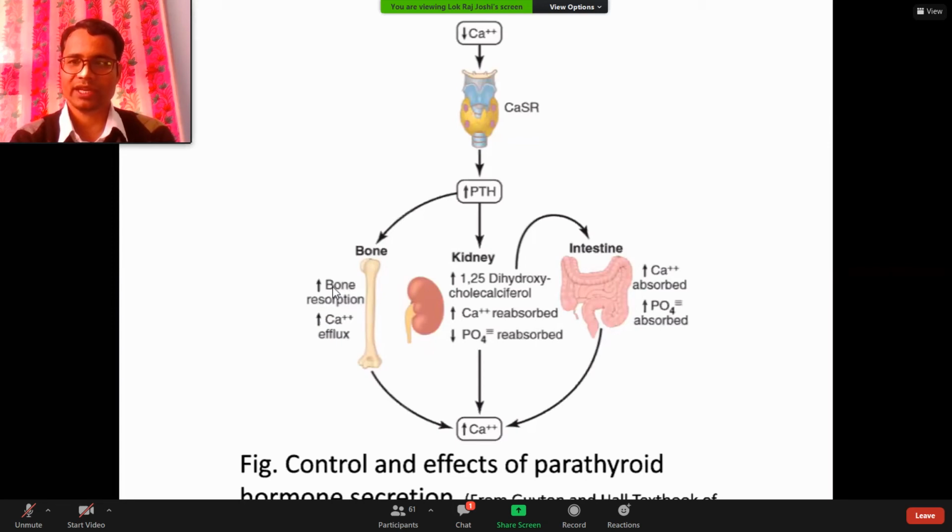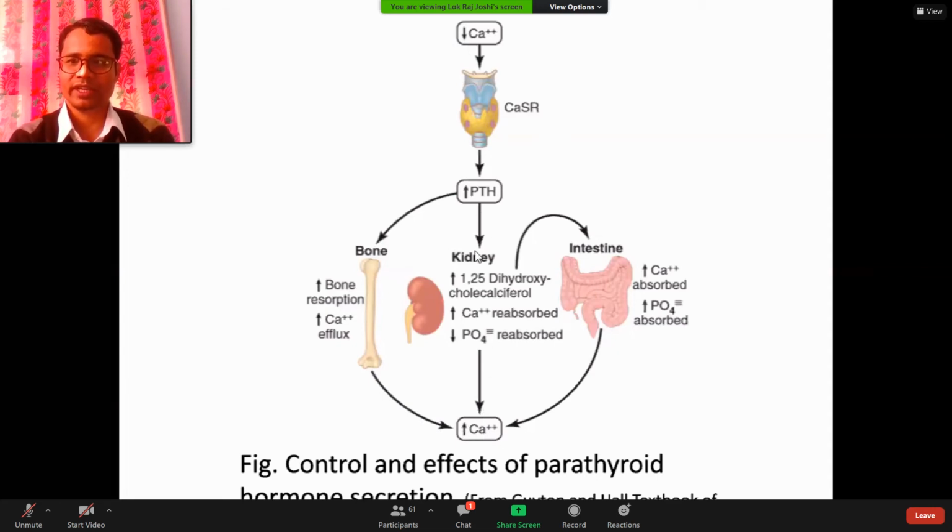Bone lysis is mainly by osteoclasts, and calcium efflux is mediated by osteocytes. Anyway, the final result is to release calcium from bone into the extracellular fluid. Therefore, calcium ion level will increase here. The initiating stimulus was decreased calcium; now it is increasing, meaning finally it will come back to normal.